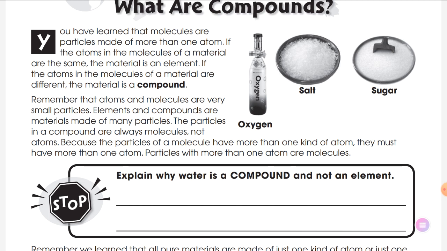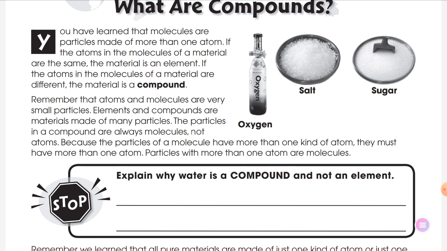Remember that all atoms and molecules are very small particles. Elements and compounds are materials made of many particles. The particles in a compound are always molecules, not atoms. Because the particles of a molecule have more than one kind of atom, they must have more than one atom. Particles with more than one atom are molecules.